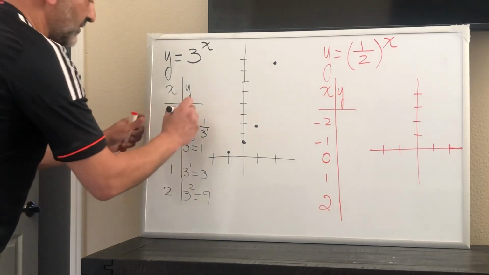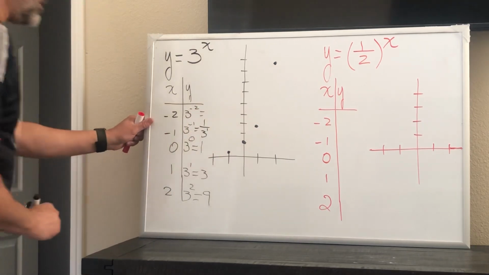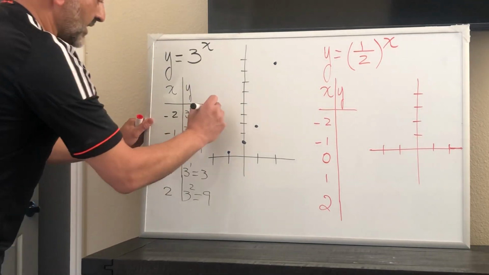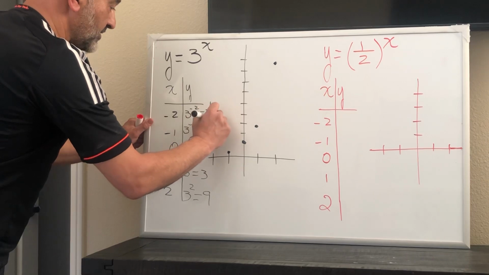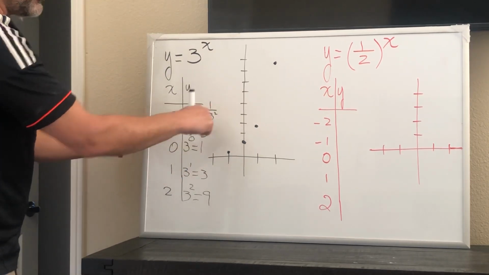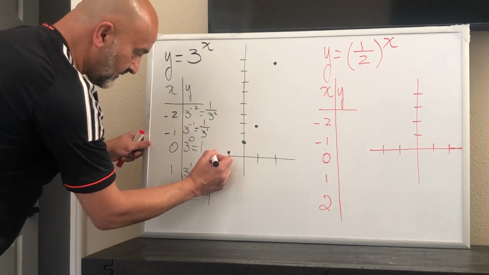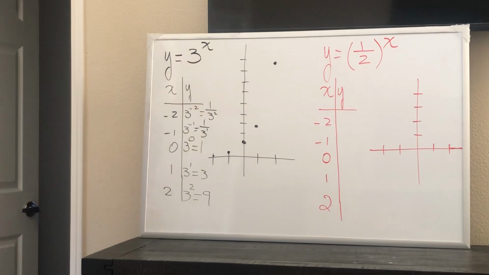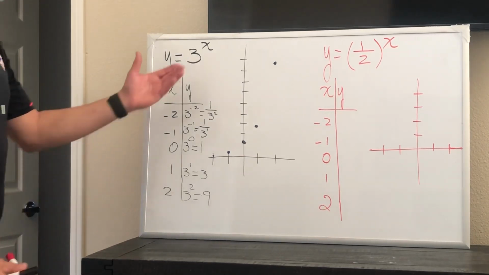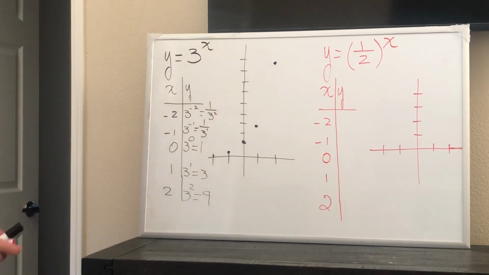At -2, we have 3 to the power of -2. Again, from our younger days, we know that's 1 over 3 squared. So 3 to the power of -2 is 1 over 3 squared. 1 over 3 squared is 1 over 9. That's really tiny. All right. And we remember from that last great video that as we go to the left, the curve gets closer and closer to 0, and it's quite evident that that's the case.